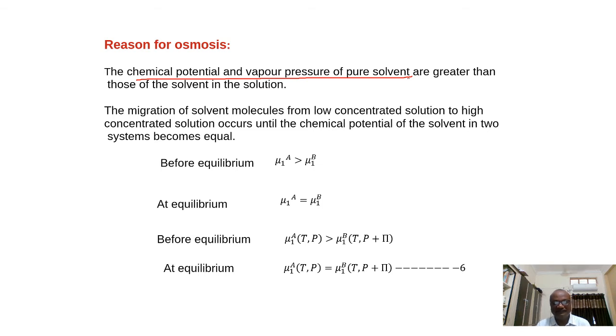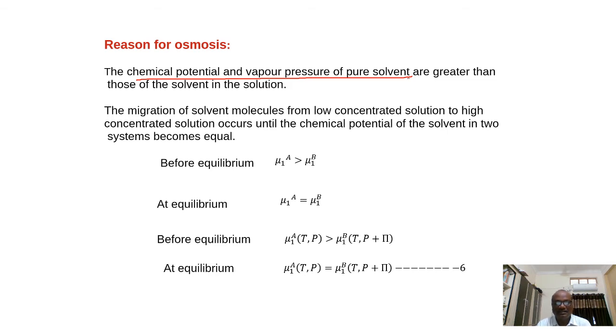So the migration of solvent molecules will take place from low concentrated solution to high concentrated solution. Just now we have observed it. Means how are the solvent molecules moving? Low concentrated solution to high concentrated solution. So the solvent molecules are moving from high chemical potential region to low chemical potential region.